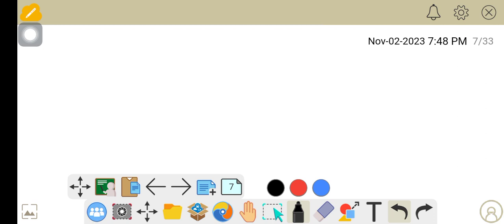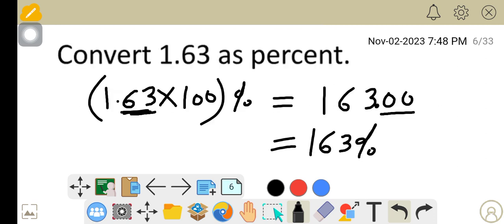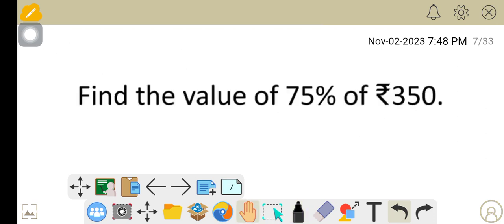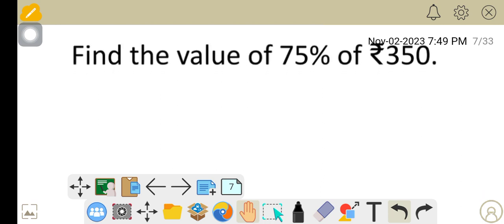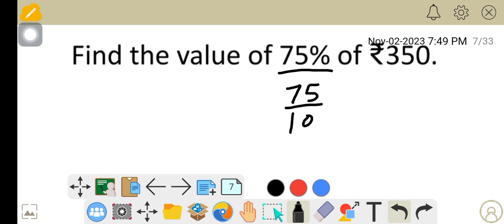Next question, find the value of 75% of 350 rupees. So 75% means 75 upon 100. Of means multiply by 350. Cancel out 0. From 5 this is 2, and from 5 this is 7.